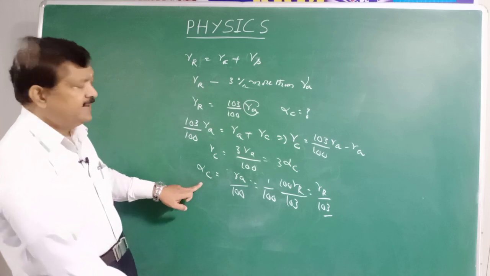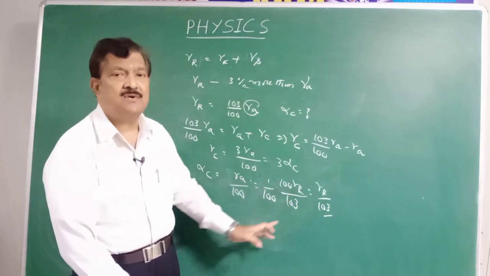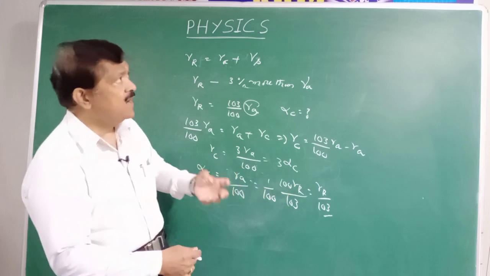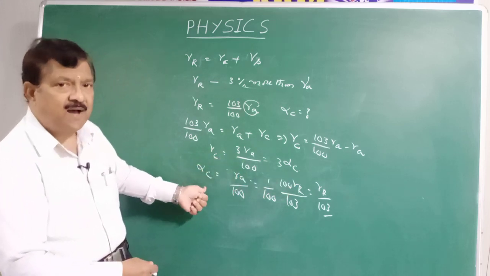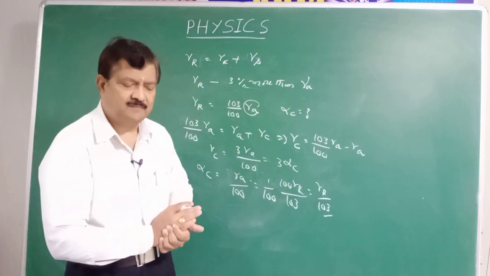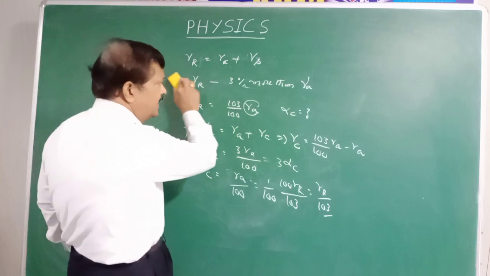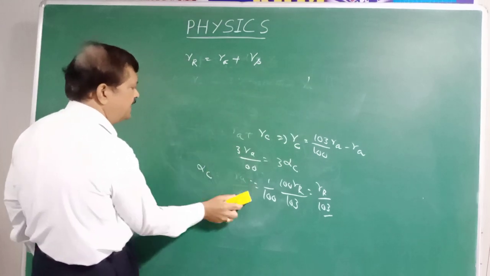So alpha of the container we can express in terms of gamma A or in terms of gamma R. Now let us take one more numerical example.